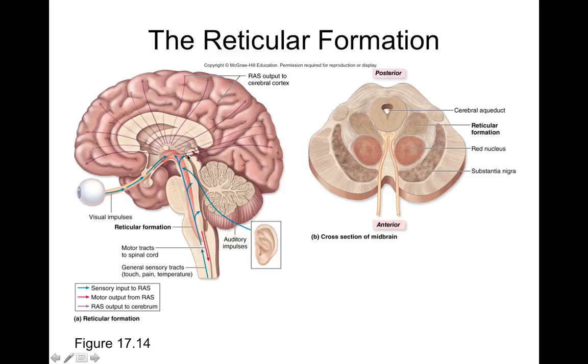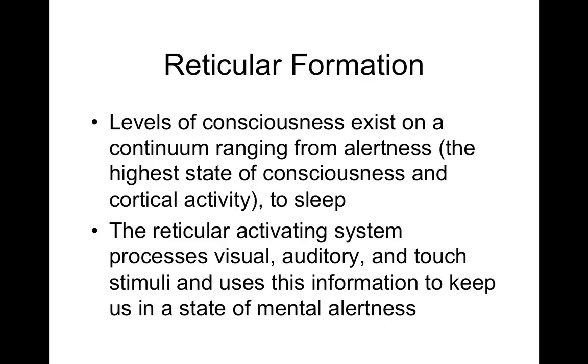So this reticular activating system involves your thalamus here, and it helps alert the cortex of incoming sensory information. As sensory information is coming up, you get a sort of priming of the cortices here, so that it can activate these neurons and make them more able to process that incoming sensory information. Now, there are levels of consciousness that exist on a continuum, or a state of alertness.